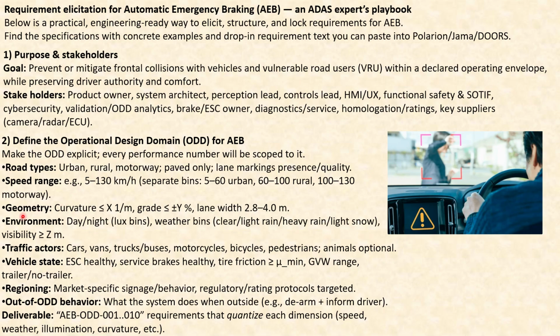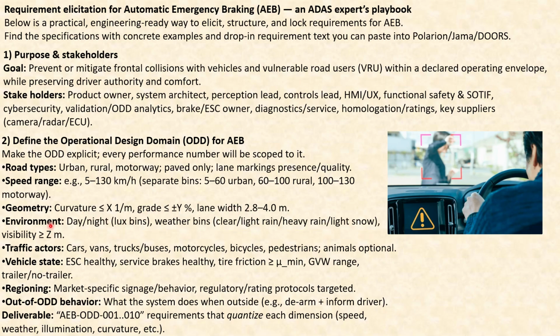All right, and next you have to understand the geometry or the curvature of the road. Curvature of the road should be x per meter, or grade should be plus or minus y percent. Lane width should be 2.8 to 4 meters. So all these values must be clearly understood and taken into consideration.